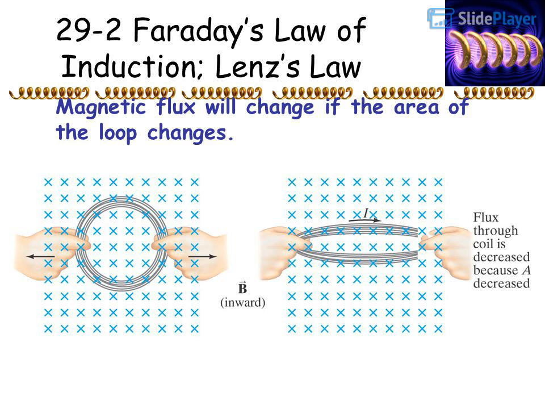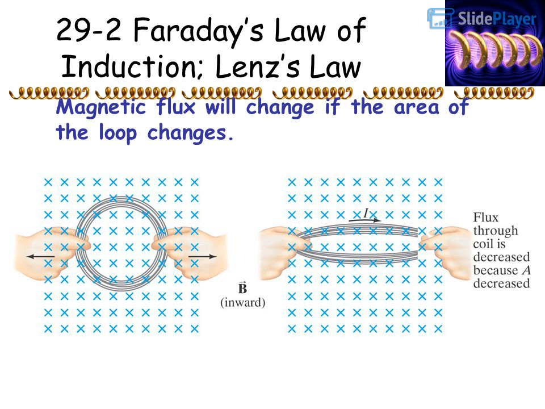29-2 Faraday's law of induction, Lenz's law. Magnetic flux will change if the area of the loop changes. Figure 29-6. A current can be induced by changing the area of the coil, even though B doesn't change. Here the area is reduced by pulling on its sides.